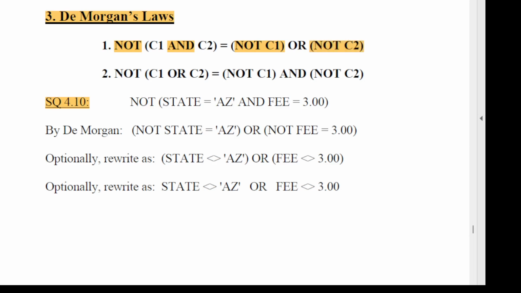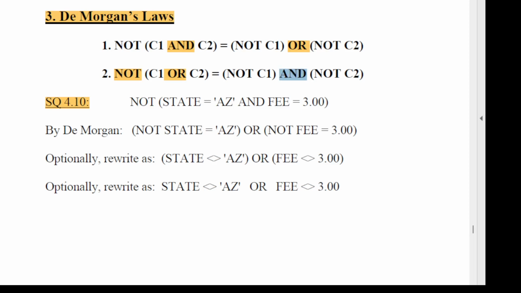But here's the gotcha, the one that surprises people and almost makes this counterintuitive. See this AND? It becomes an OR. Now, if I take the NOT and put it in front of an OR, after I put NOT in front of the first condition, second condition, this OR becomes an AND.